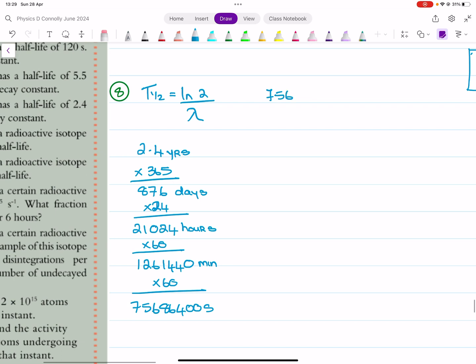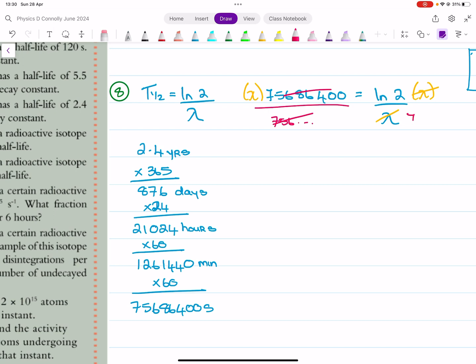So 75686 equals ln2 over lambda. If we multiply by lambda to cancel and multiply by lambda over here and then divide by 75686 over here, I get lambda equals ln2 divided by that long number, and I'm getting 9.16 by 10 to the minus 9.